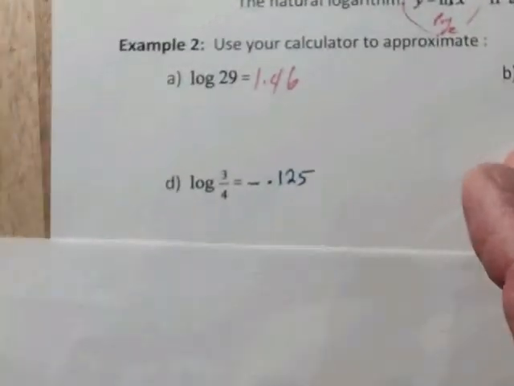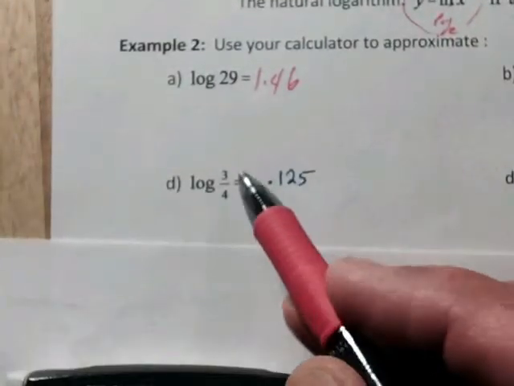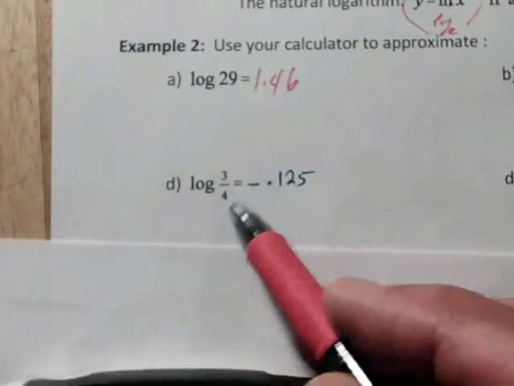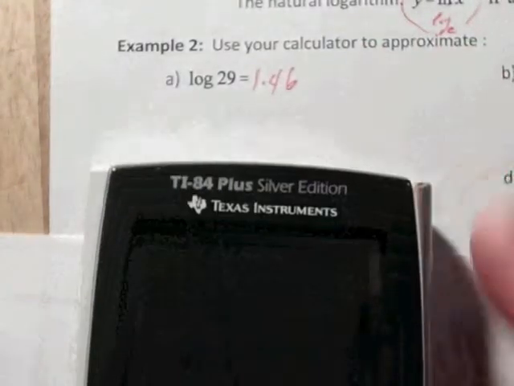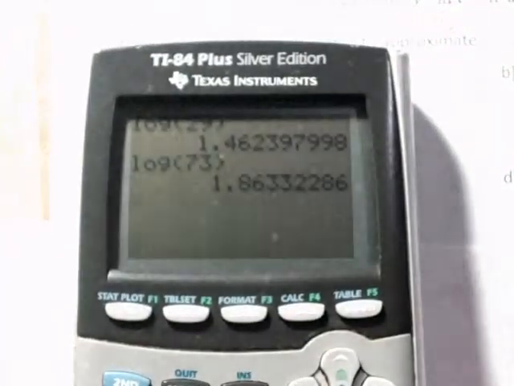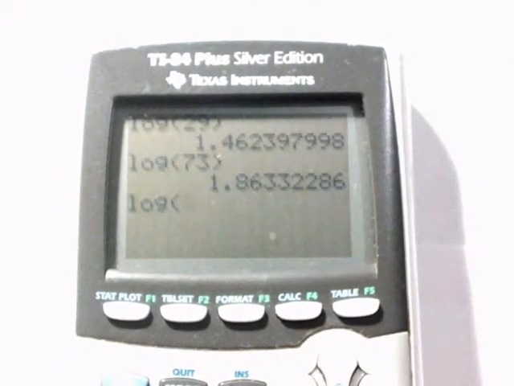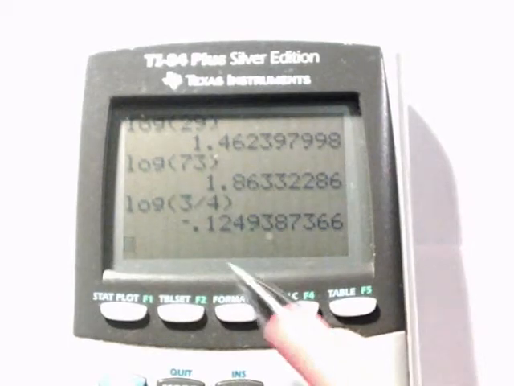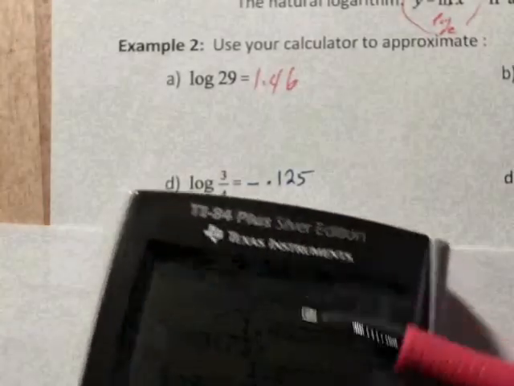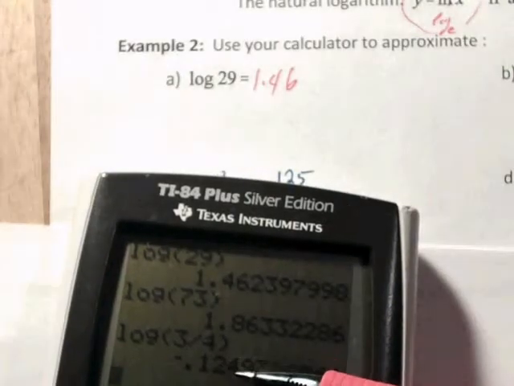Now let's say the common log of 3 divided by 4. Negative 0.1249. So if you round it up, 0.125.